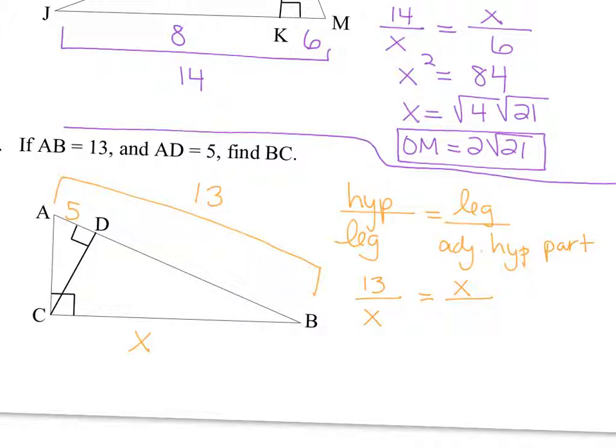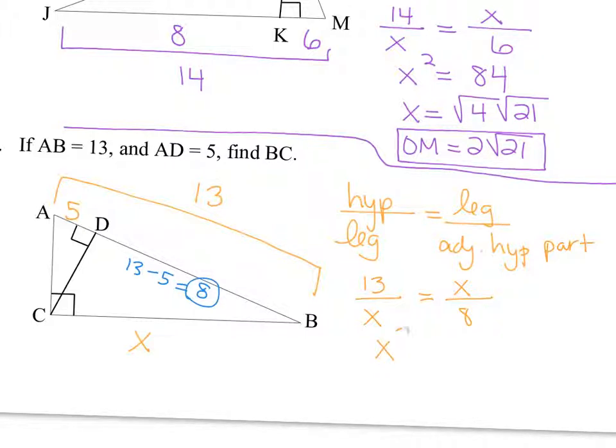But is 5 truly it? Hopefully you're saying no. The adjacent part that I need is BD. Do not call that another variable. Don't make your life tougher than it needs to be. Instead, if our full hypotenuse is 13 and the other part is 5, this is just 13 minus 5, or our 8. Resulting in that adjacent hypotenuse part to be that 8.